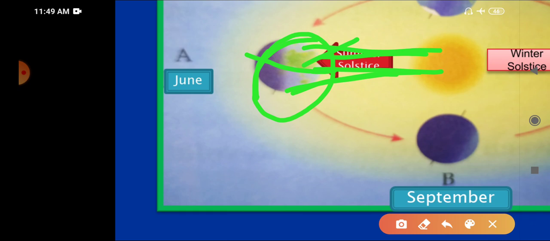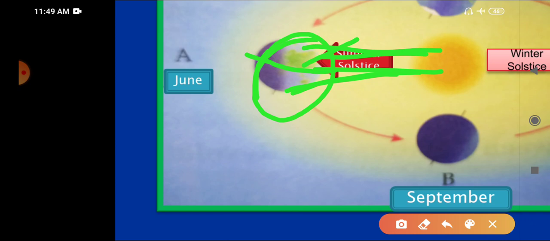The areas near the poles receive less heat, as the rays of the sun are slanting. The north pole is inclined towards the sun, as we can see that this time the north pole is towards the sun, and the places beyond the Arctic Circle experience continuous daylight for about 6 months.